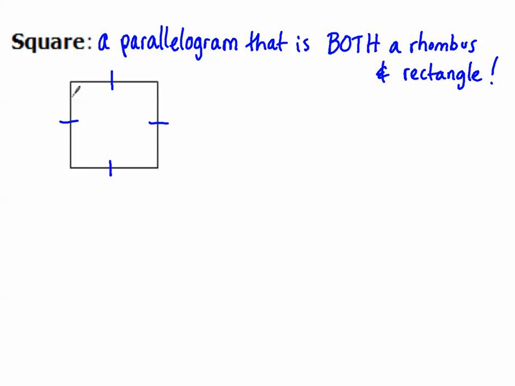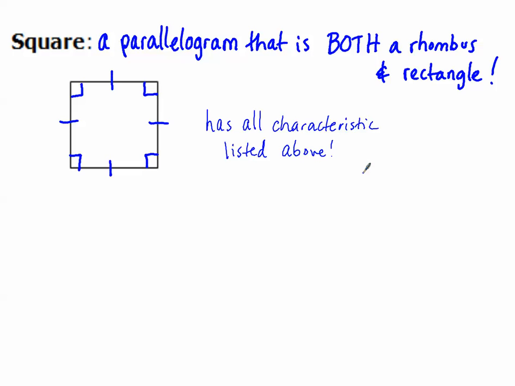If we say a rectangle has 4 congruent 90-degree angles, well, so does a square. It has everything that both of those have. So you may want to make yourself a note that if something is a square, it has all of the characteristics that were listed from above. Because it's everything. Rhombus, rectangle, parallelogram. It's the most specific name if it has all of those characteristics.